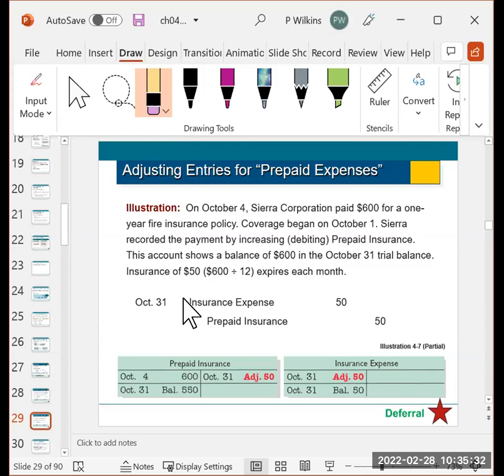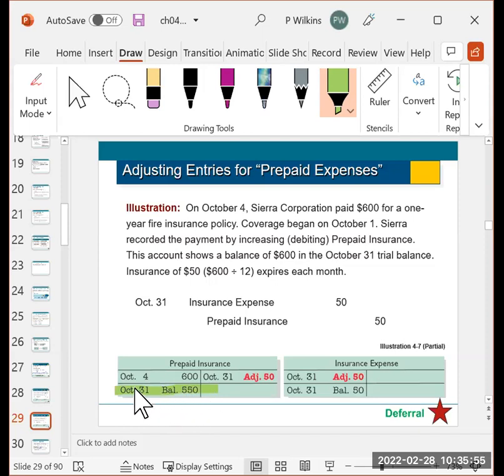So every month when we use it up, now the month of January has passed, we've used up $50 of that insurance. That means if we look down here on the bottom in this prepaid insurance T account, at the end of October we have $550 left to use up. And then every month it's going to go down.